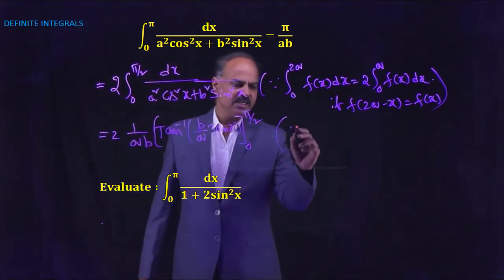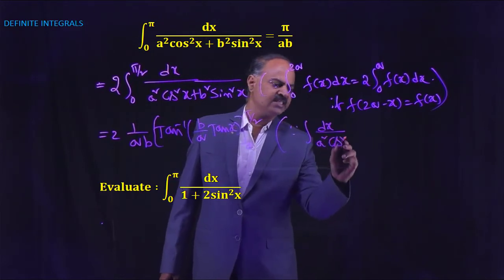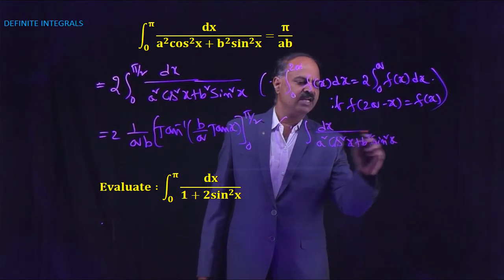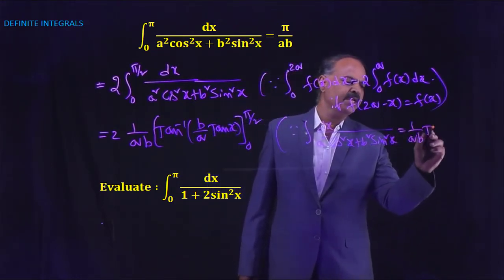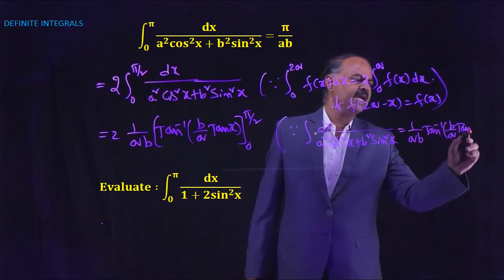Since integral dx by a square cos square x plus b square sin square x equal to 1 by ab into tan inverse of (b by a tan x).